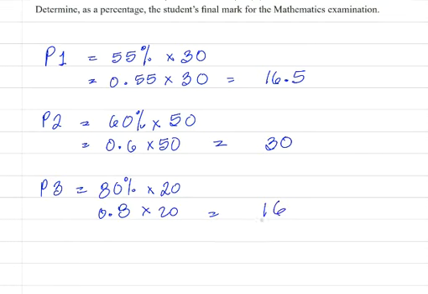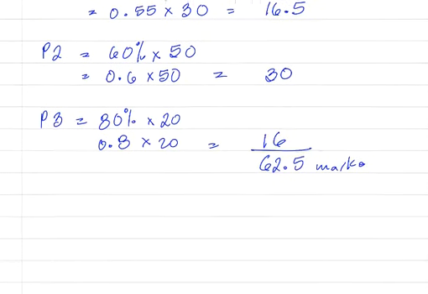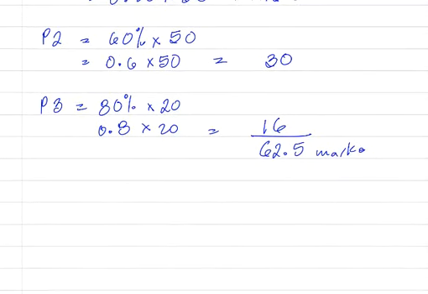So the person got now a total of how many marks? So the person got a total of 62.5 marks. Alright, so what fraction of the mark did the person get?